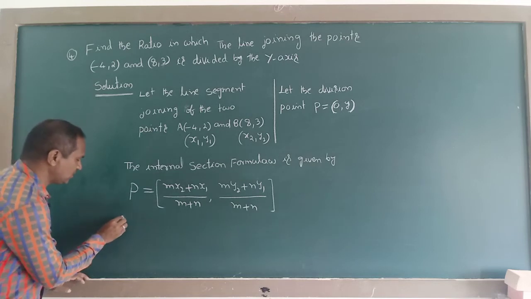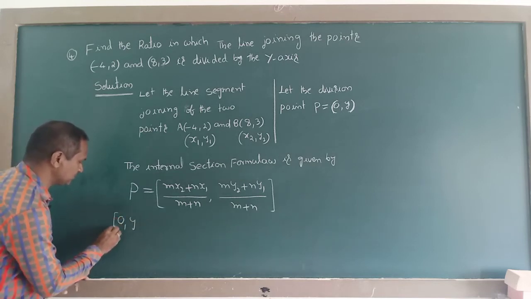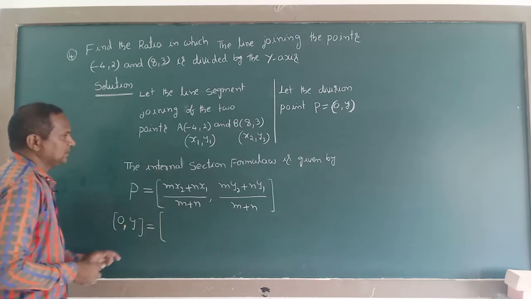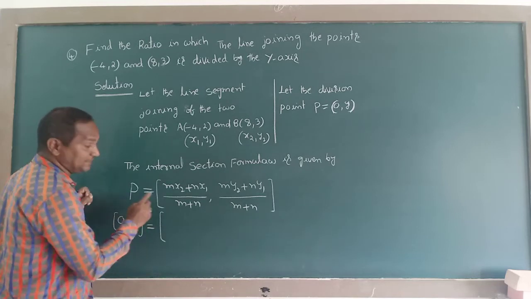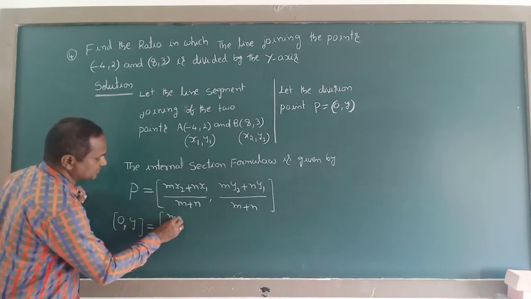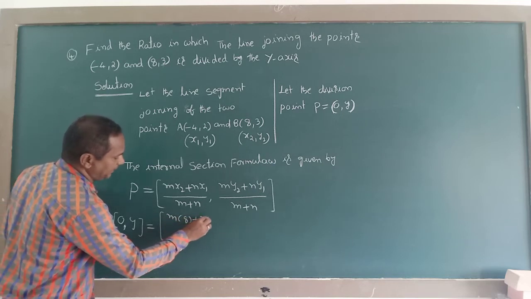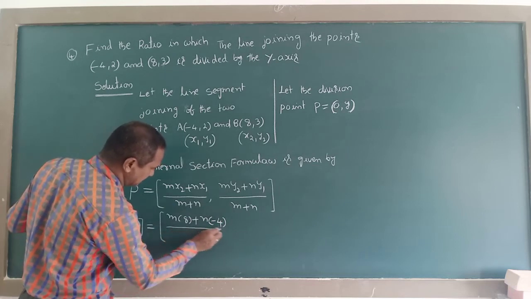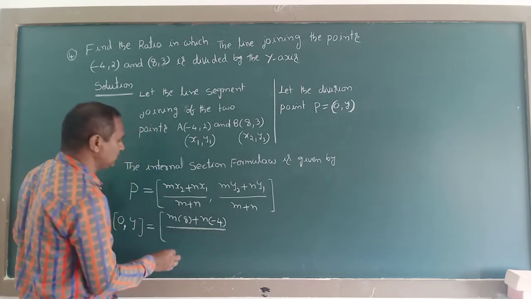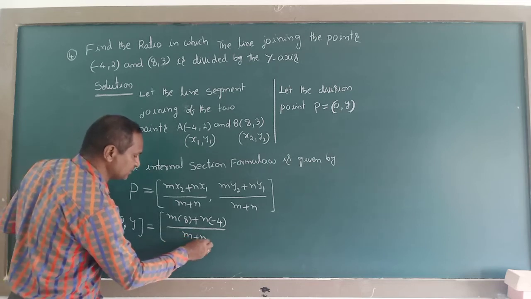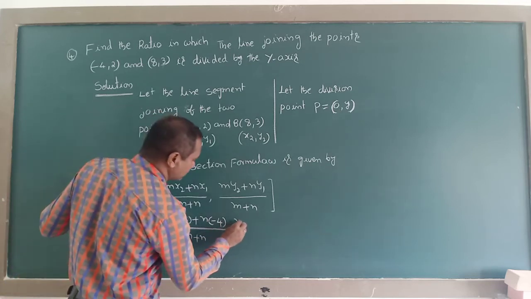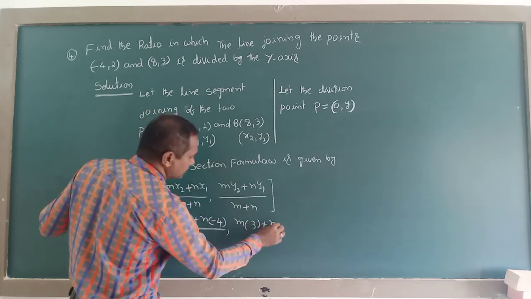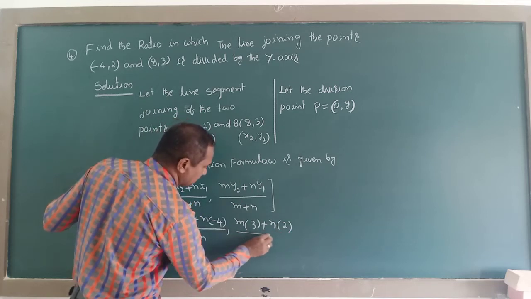Here P, 0 comma y, is equal to m into x2, which is 8, plus n into x1, which is minus 4, whole divided by m plus n. We don't know the value of m; that is what we have to find out. Then m into y2, which is 3, plus n into y1, which is 2, whole divided by m plus n.